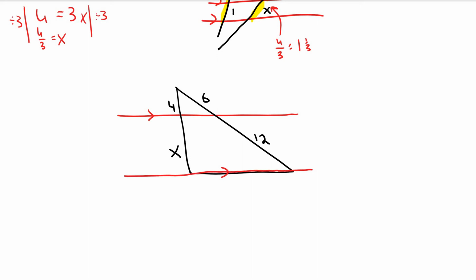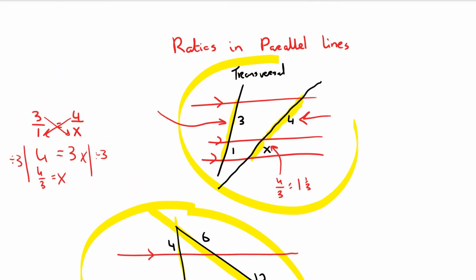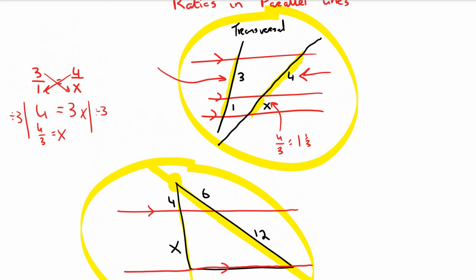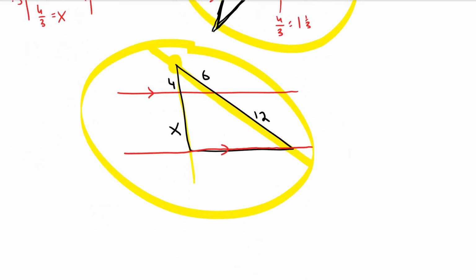Well, here's one transversal, and here's the other transversal. The only difference between this here and this is that these actually meet here. Okay, this doesn't. But if I continue this down, and I just stopped it here, well, actually there's a triangle. Okay, so it's actually the exact same. So the exact same rules apply.